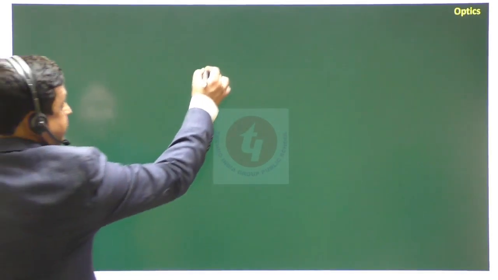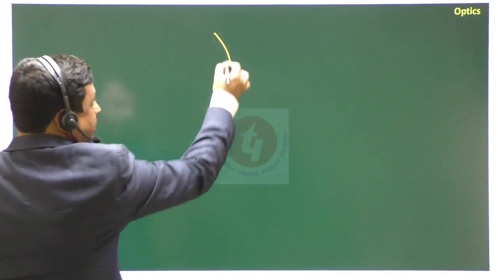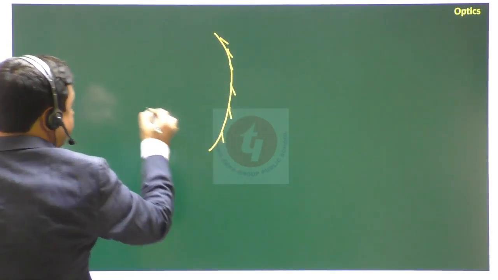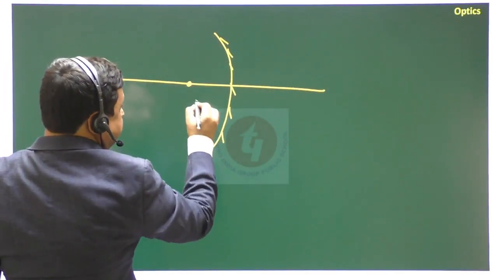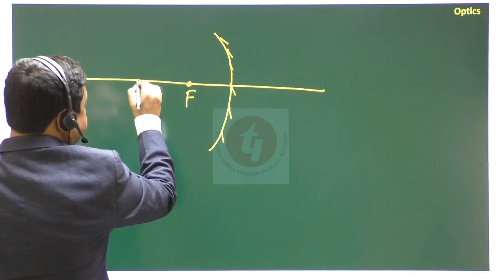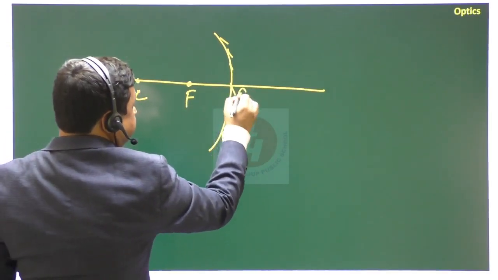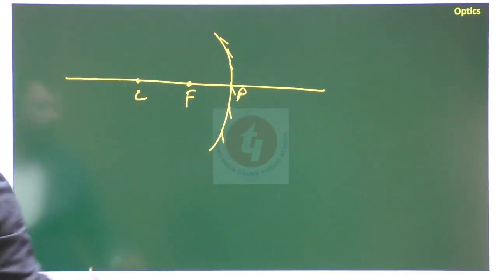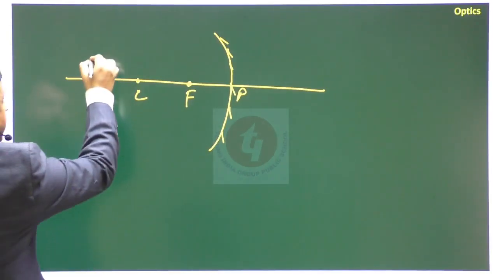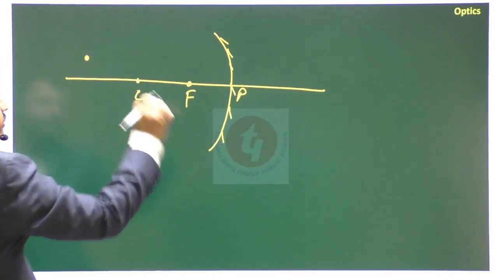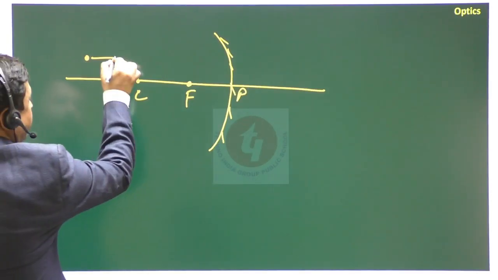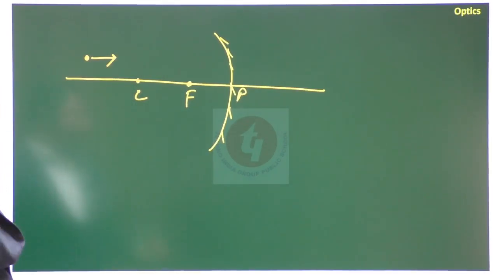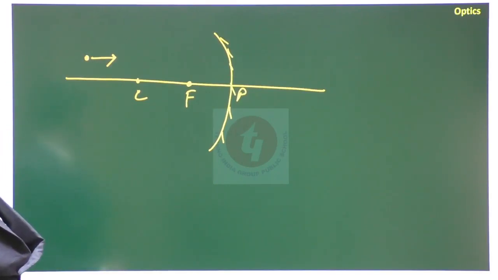Next question, say this is a concave mirror, this is the focus point, and this is the center of curvature. First you put a point object at this point, and it will move towards the mirror parallel with the principal axis.